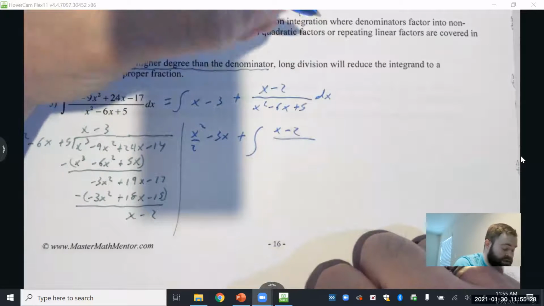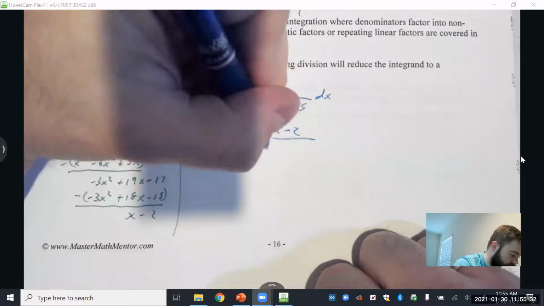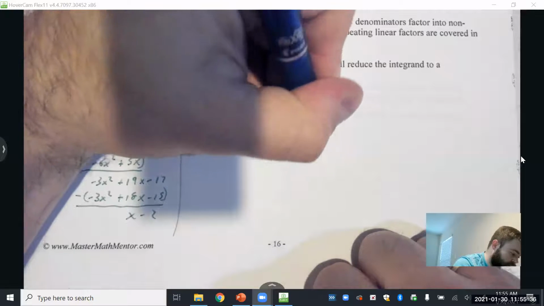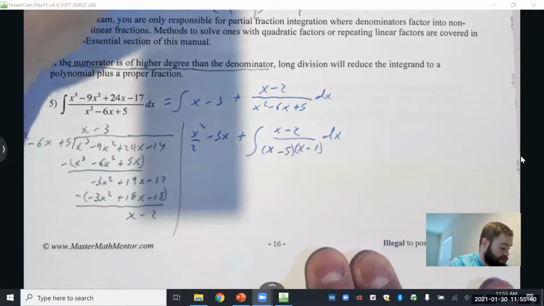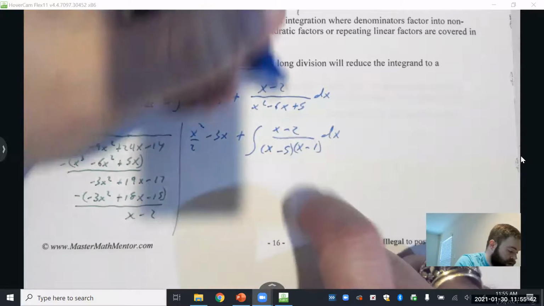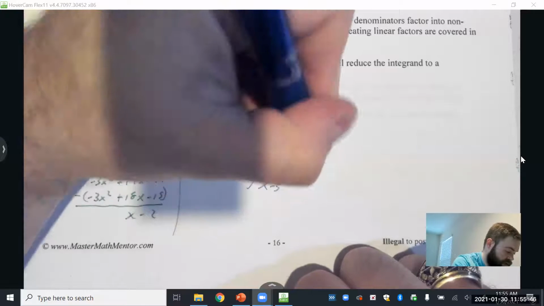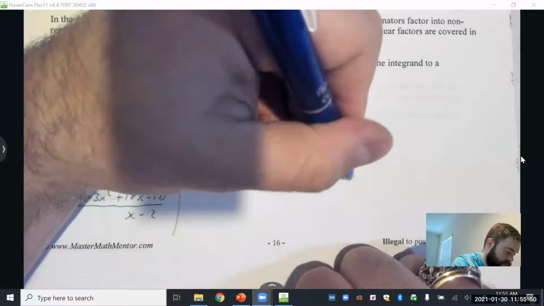How does that factor? Well, that's going to be x minus 5 times x minus 1. We did one like that before. Similarly, this is going to have to be written as something over the x minus 5 plus something over the x minus 1.